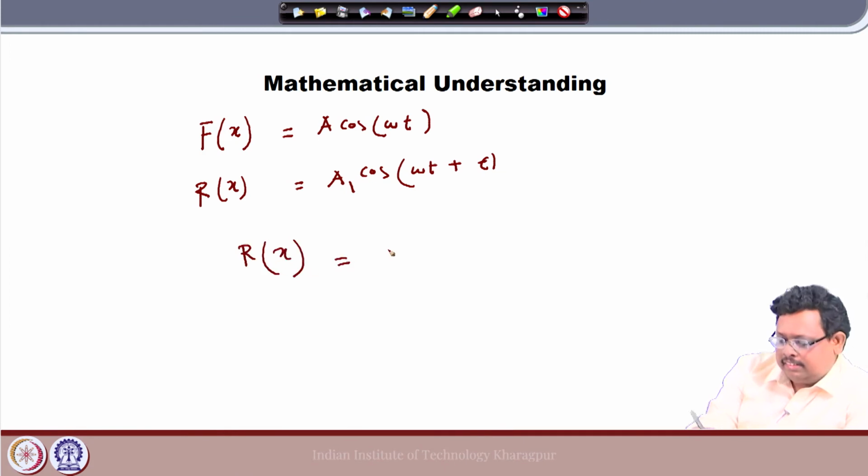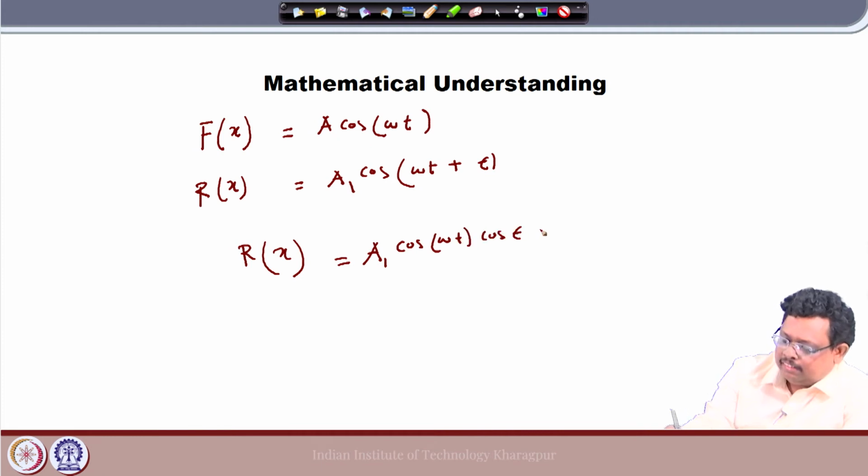Now, if I simply break this, you can say it is a 1 cos omega t into cos epsilon minus a 1 sin omega t into sin epsilon.